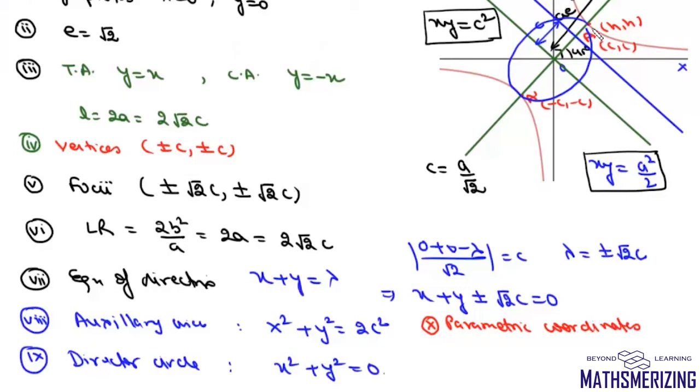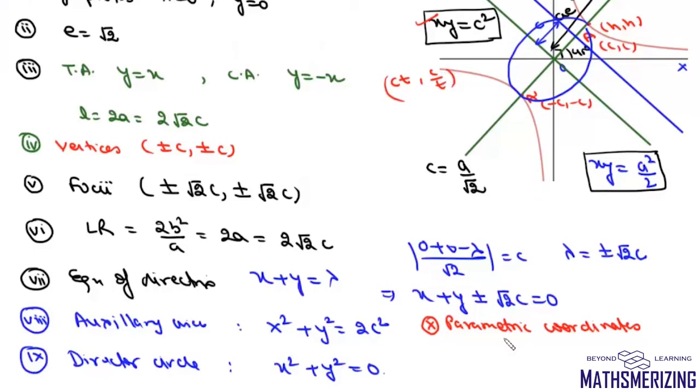Now any point on this hyperbola, we can take it as a secant theta and a tan theta. Now in case of this rectangular hyperbola, we can write parametric coordinates in a simpler way. So we'll take x as c into t and y as c upon t, then the product of x, y will always be c square.